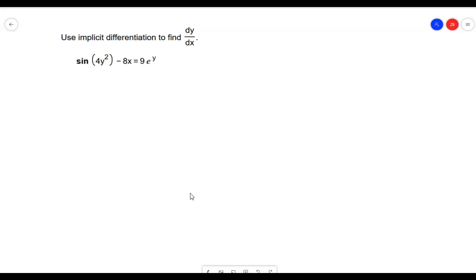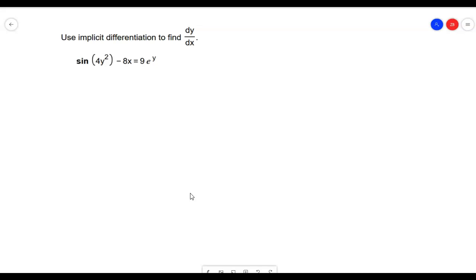Well, in some cases, we have these equations where it's not really easy to solve for y, but we need some kind of method in order to find the derivative of y with respect to x. So we're doing the same kind of process, except that we're doing it with equations where we haven't actually solved for y yet.